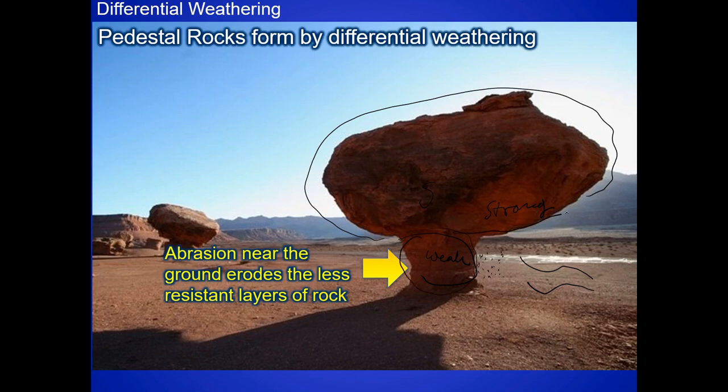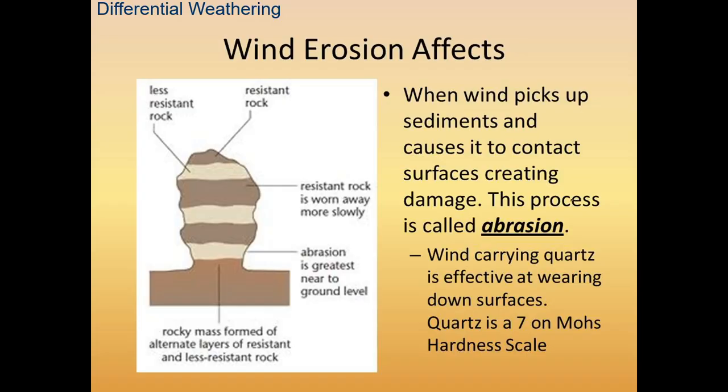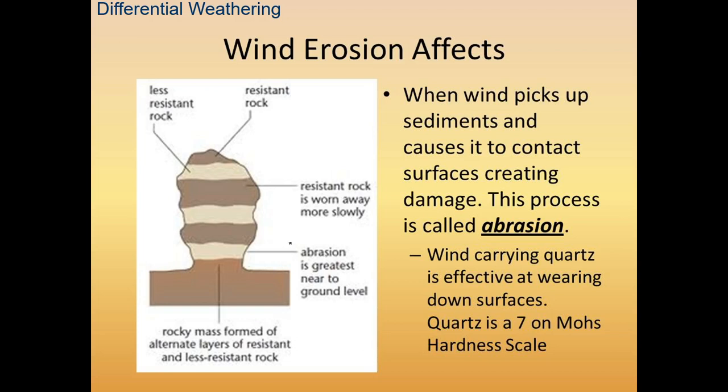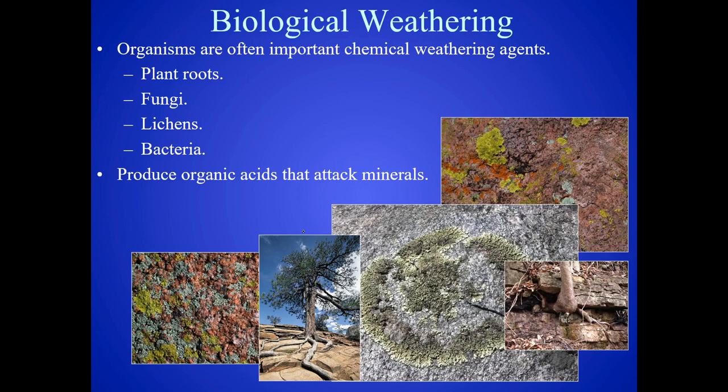And you have this big, strong rock on top that is out of the way of the abrasion of the sand, and also stronger, so it doesn't get eroded. So eventually, you end up with these pedestal rocks that look pretty cool.